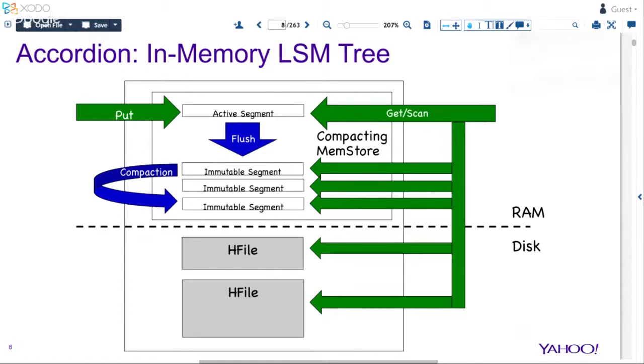So what we thought is, what if instead of managing a single big monolithic MemStore, we slice it into a bunch of segments, out of which only the most recent segment is active and is being actively updated, and the others are immutable.